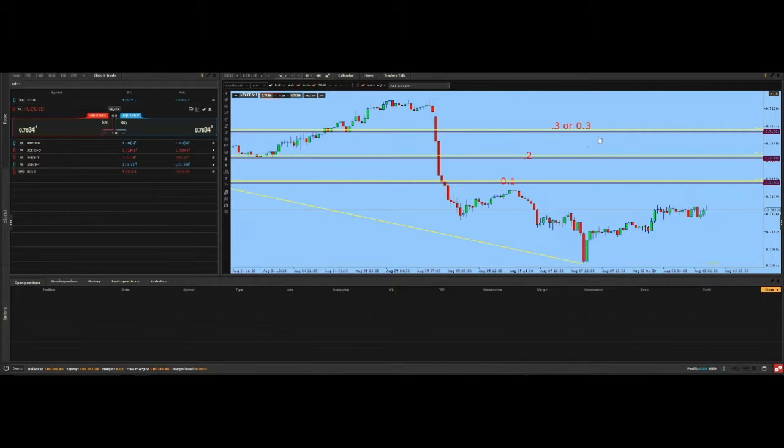It's the same thing. So now that we're scaling into the position, as we go from here to here, let's just say this is roughly 19 pips, we're going to see a negative $19 when we get to this area.